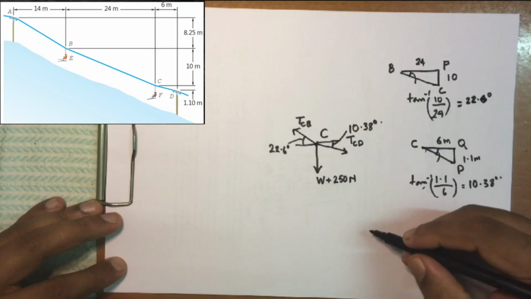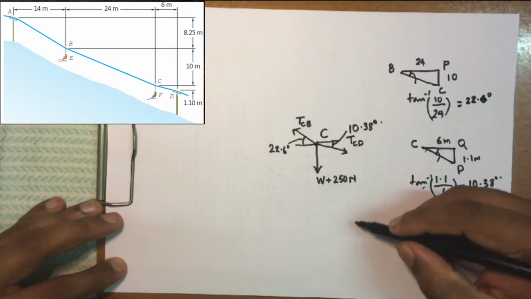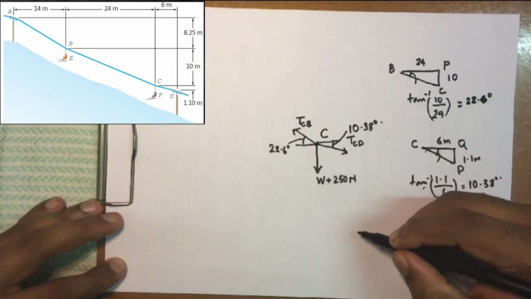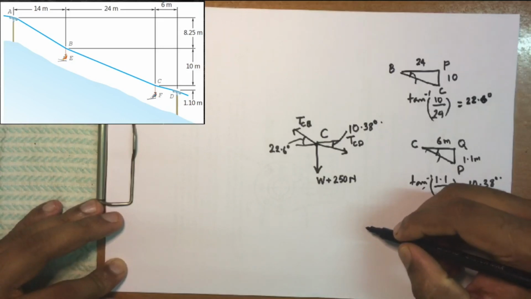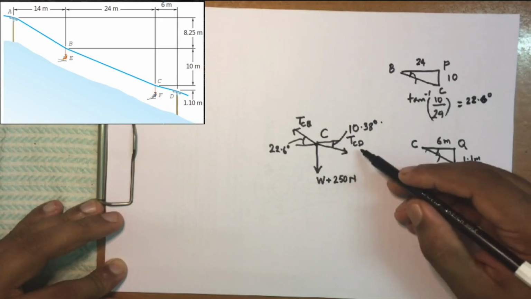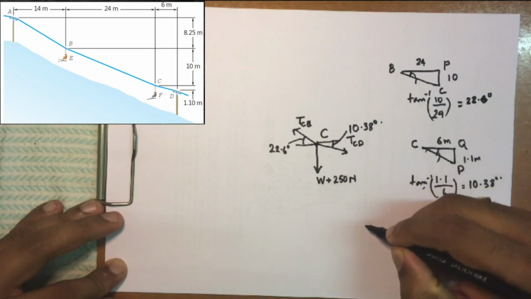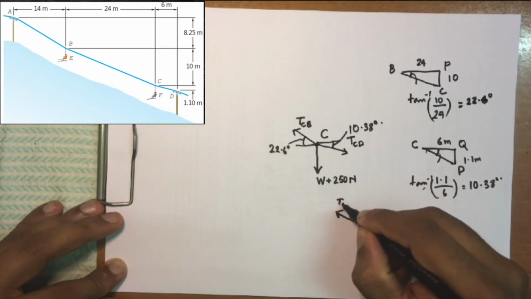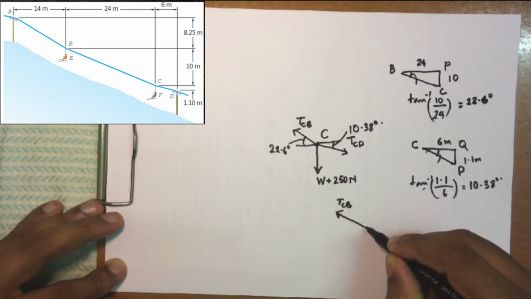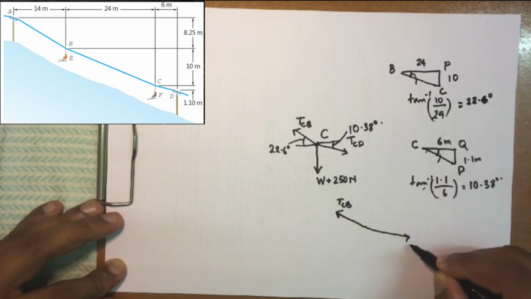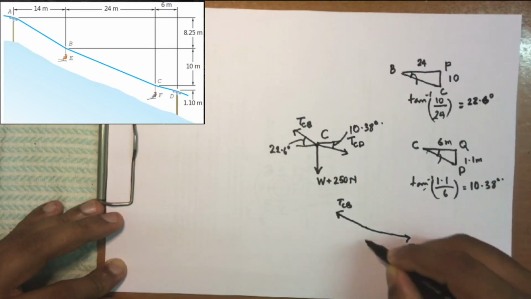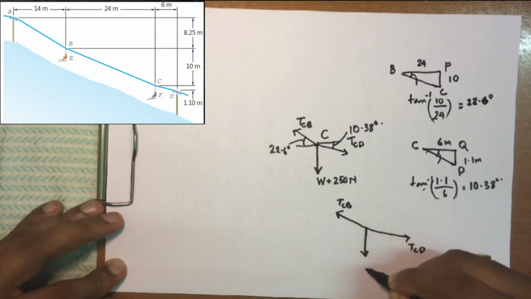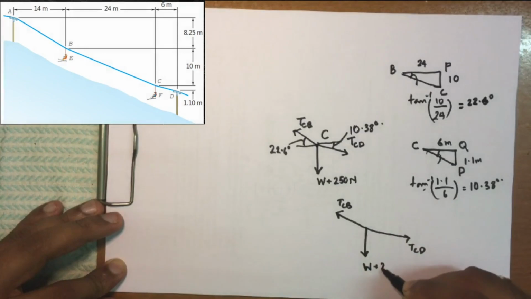Now all that I have to do is draw the free body diagram with the corresponding angles and the unknown forces represented with proper representations. So here I can say this force TCB is acting like this, this force TCD is acting like this, and I have a weight plus 250 Newton acting like this.